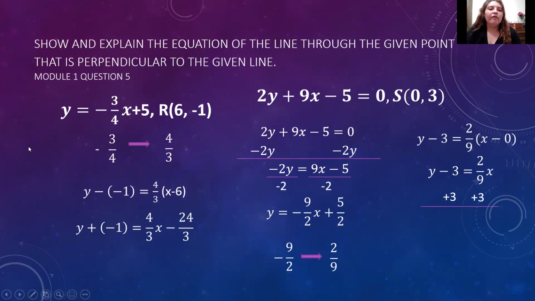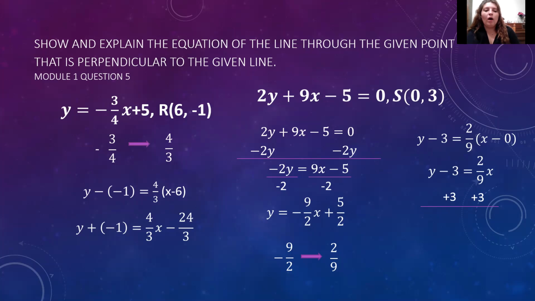So for this first one, we have y equals -3/4 x plus 5 at the point R, which is 6, -1. So we're going to take that slope and flip it to the opposite, which would be 4/3. And we're going to use that and the point we were given and plug it back in.